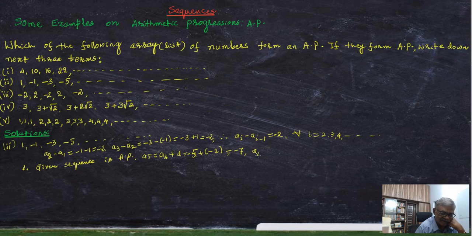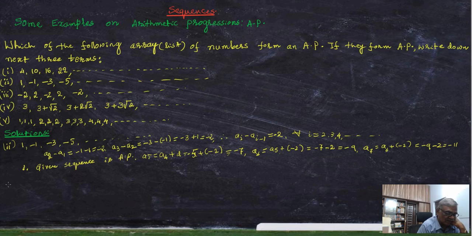A6 is obtained from A5 plus minus 2, that is minus 7 minus 2, that is minus 9. A7 is going to be A6 plus minus 2, that is minus 9 minus 2, that is minus 11, and so on. And therefore, we have done this case.